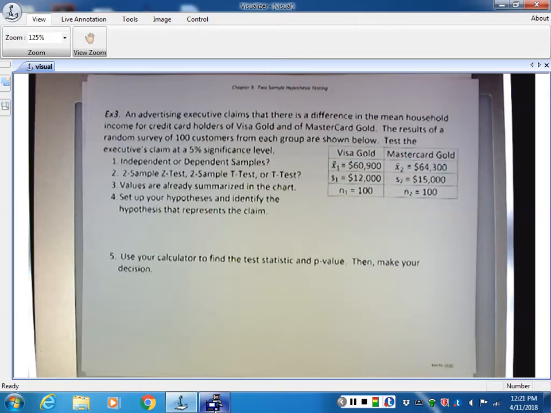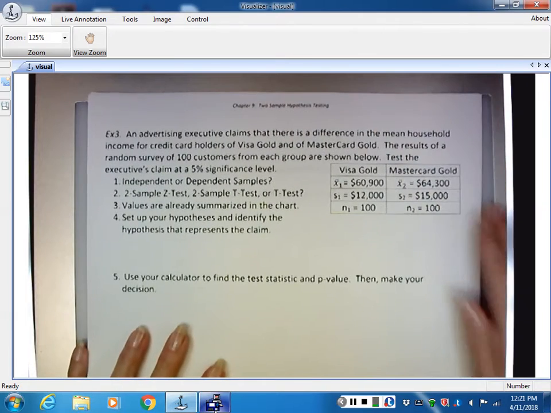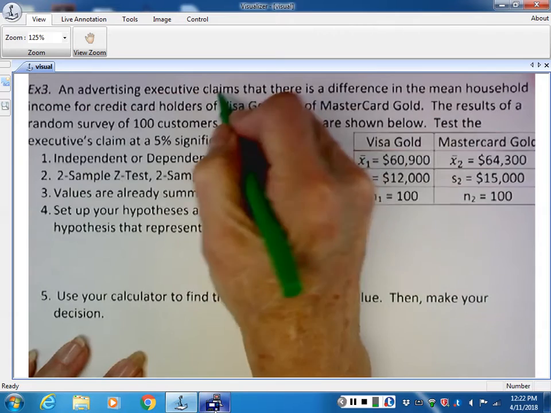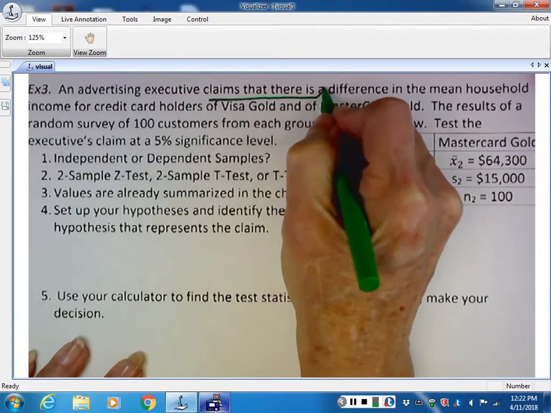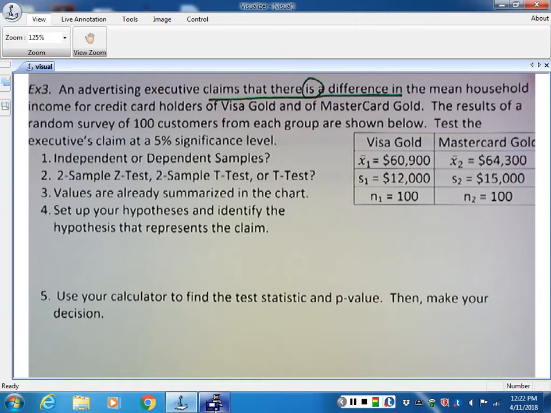So let's look at another example. An advertising executive claims that there is a difference in the mean household income for credit card holders of Visa Gold and MasterCard Gold.